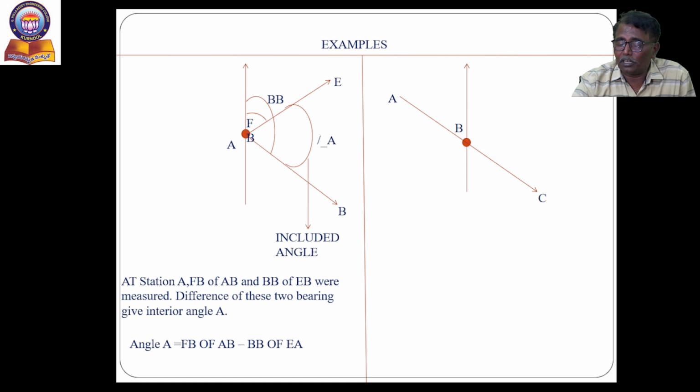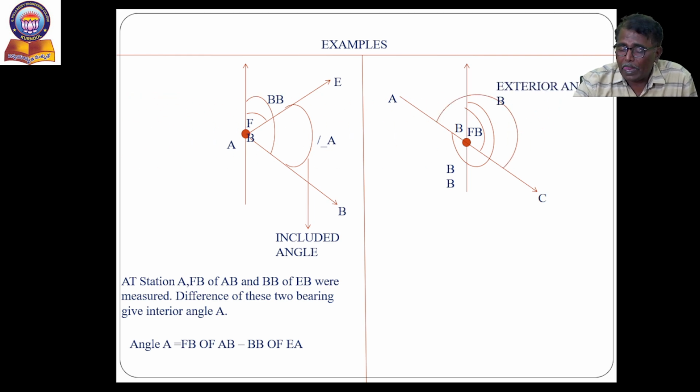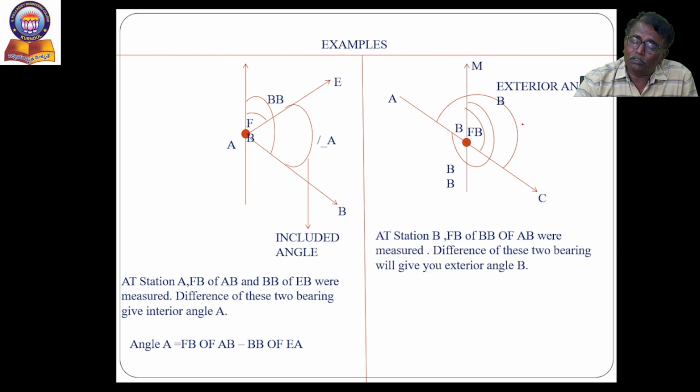Similarly, coming to another example, if we follow the same rule, we will obtain the angle at station B. At station B, the back bearing of AB and the fore bearing of BC were measured.